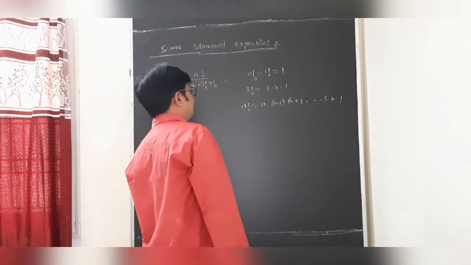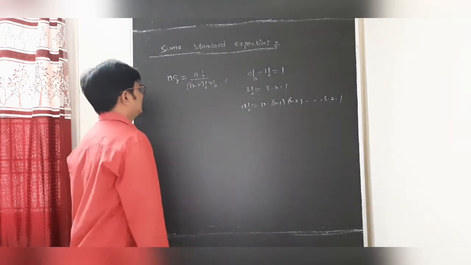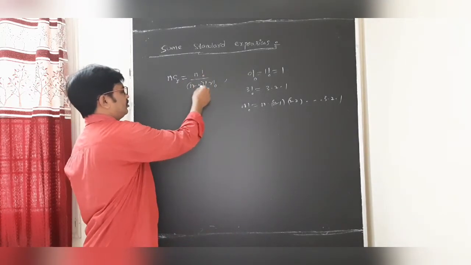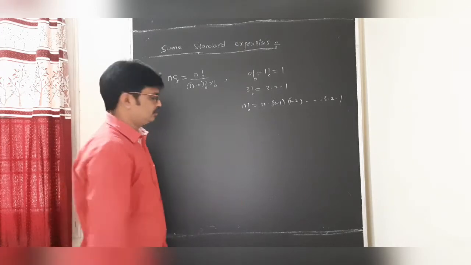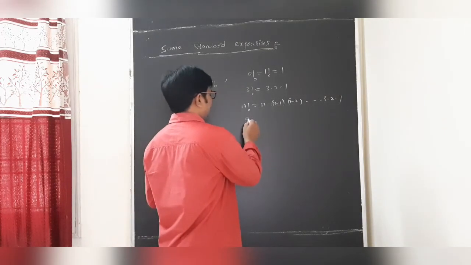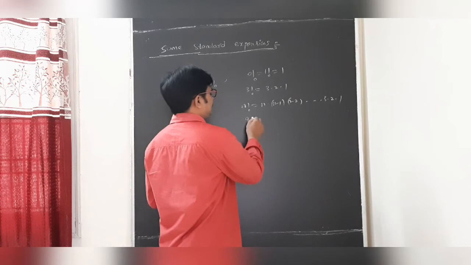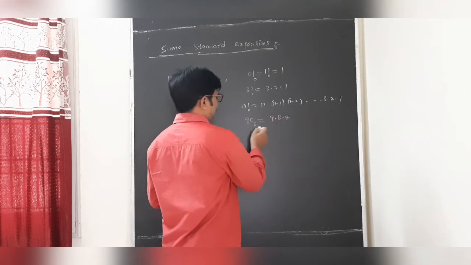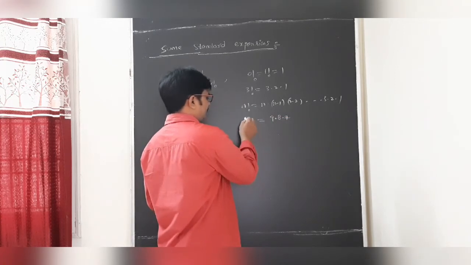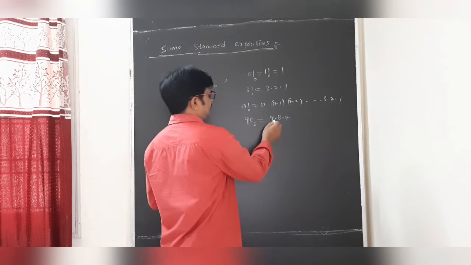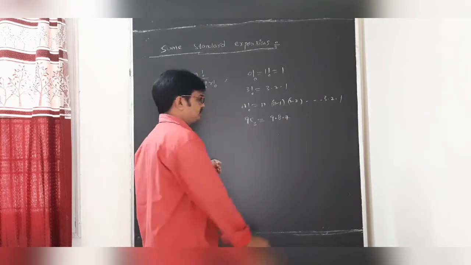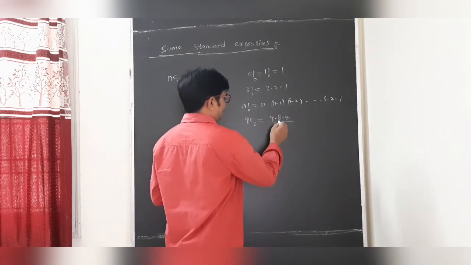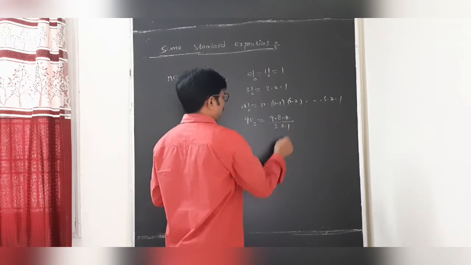So one more observation, students: NCR is n factorial by (n minus r) factorial by r factorial. Suppose 9C3 is there. We can simply write 9 into 8 into 7, since the suffix is 3, we begin with 9 and write 3 successive numbers, divided by 3, 2, 1.